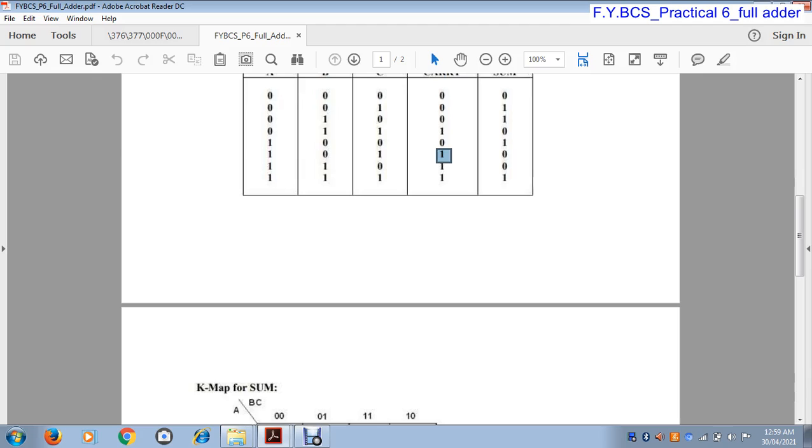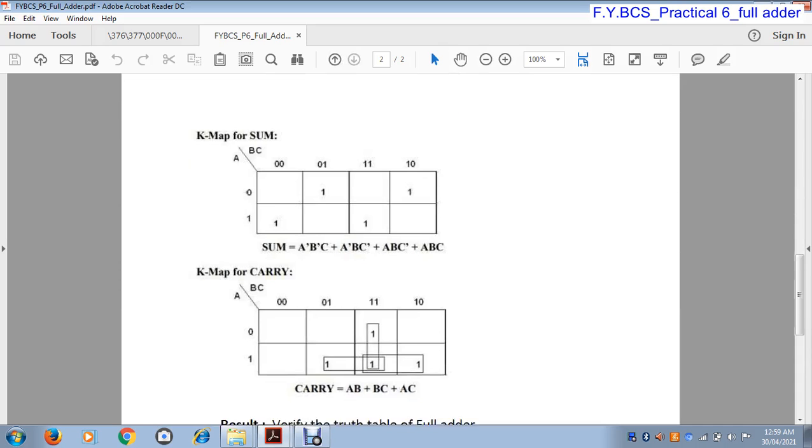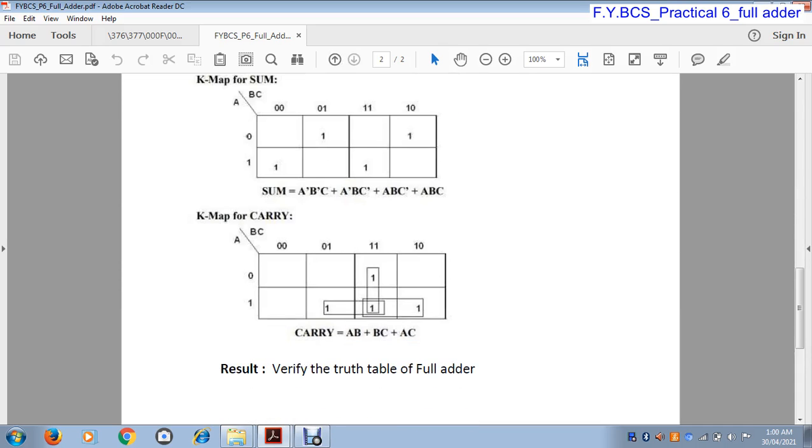For the next one, the condition is A, B, C bar. So here we write 1.